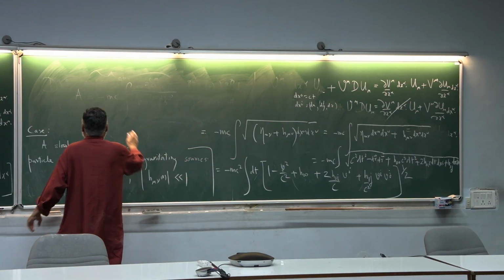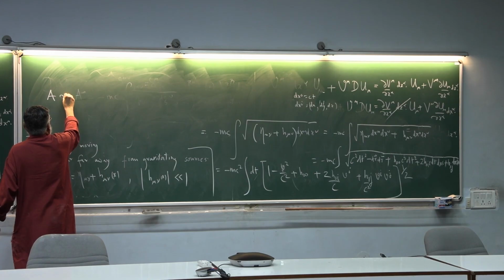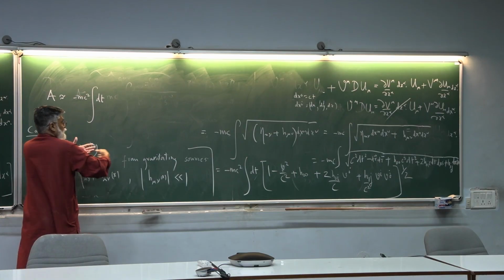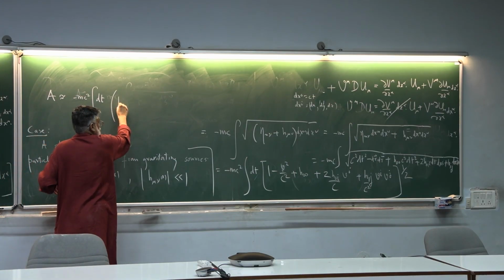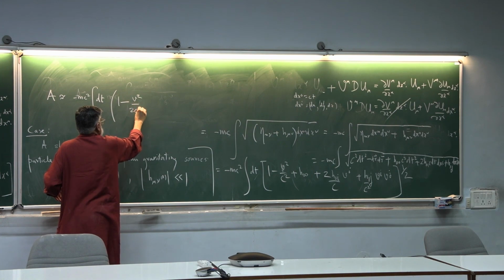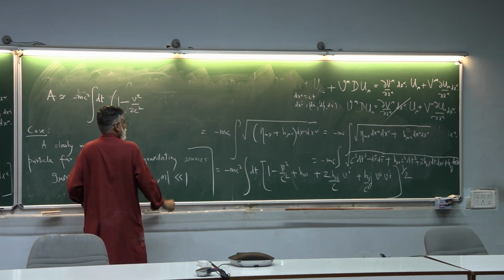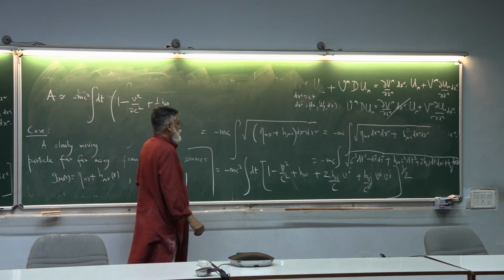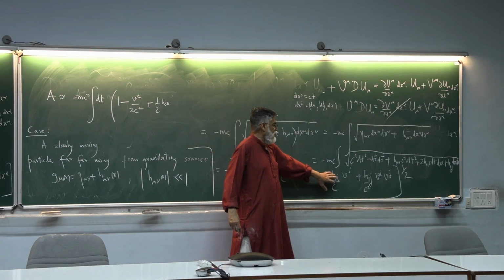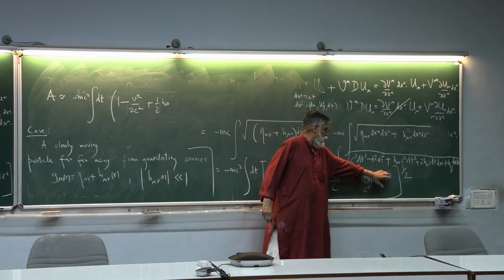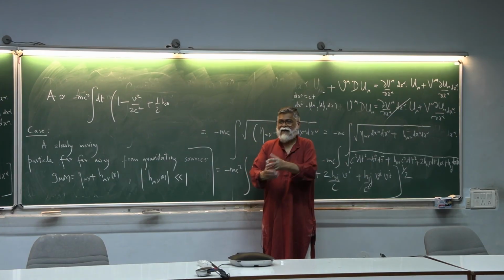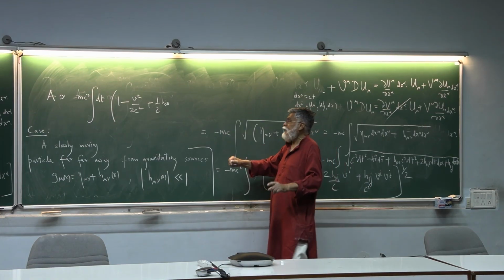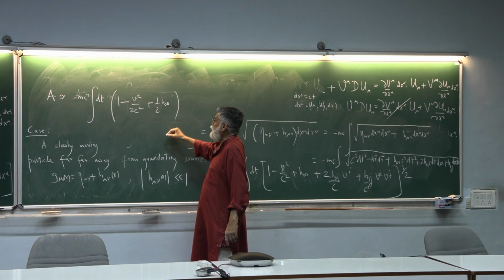Taylor expansion means my action to first order is minus mc square integral dt, with the square root expanded as 1 minus v square by 2c square plus half h00. The other terms are quadratic, and h0i is tiny, v is tiny, v square by c square is very tiny, h is very tiny. I can neglect them, because not only v is tiny, h is also tiny. So I will retain only up to this. That's why it's an approximation.